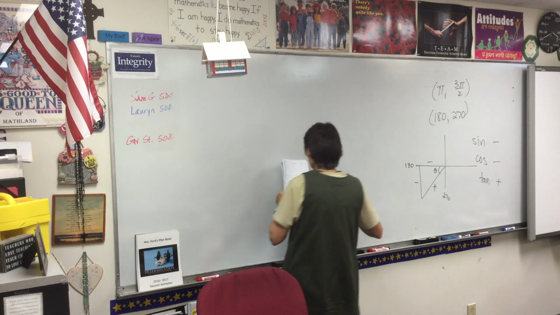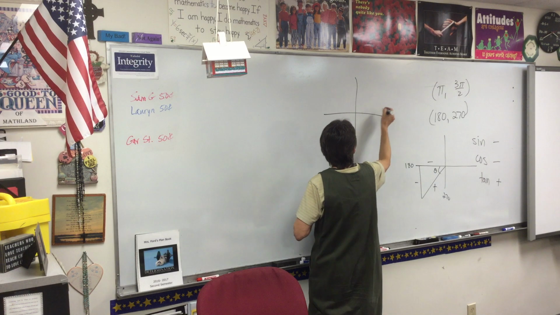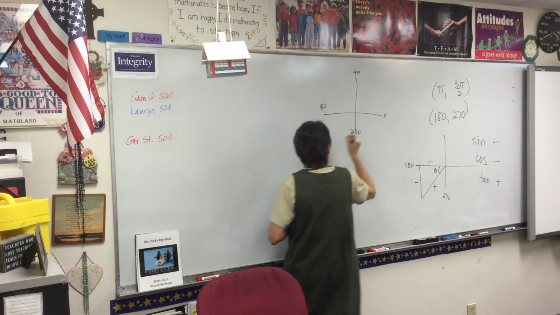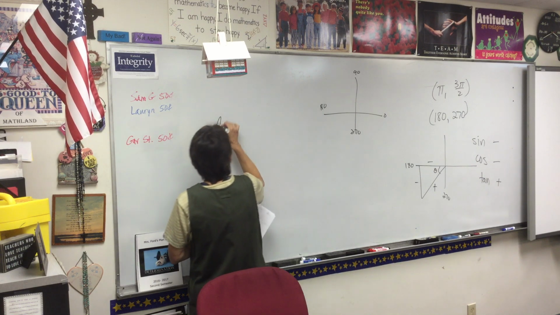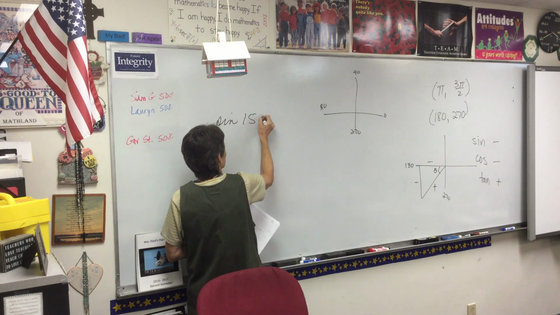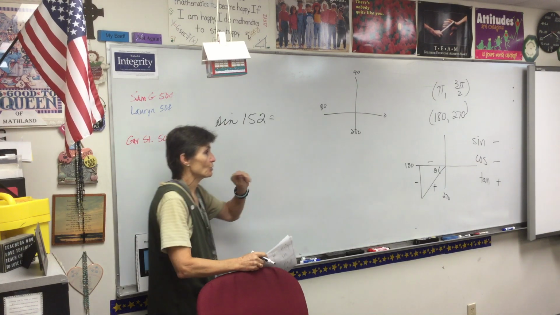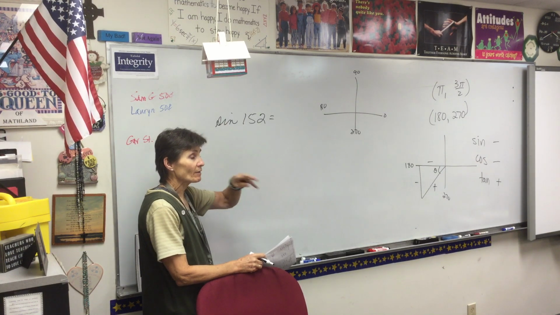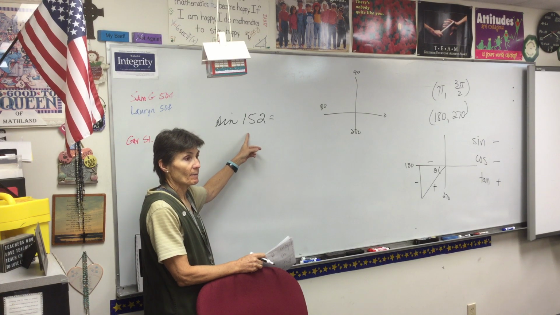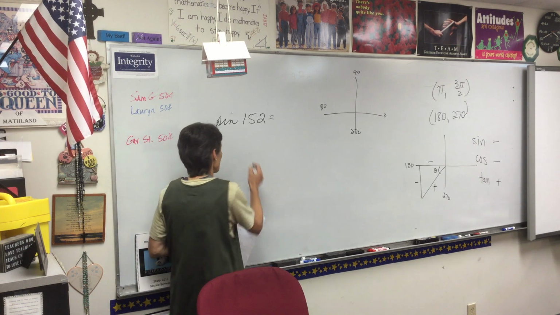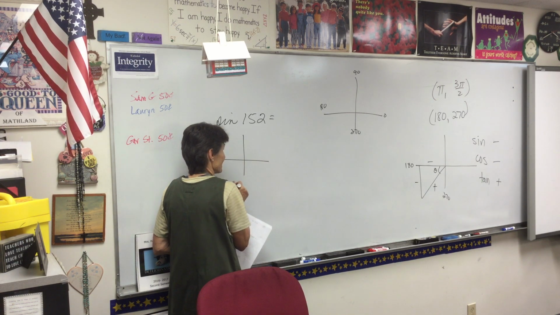So you need to figure out, I'm going to go ahead and leave my picture up here. This is 0, 90, 180, 270, okay. And we want to know about the sine of 152. Now, I know you could type that in on your calculator. That's not what I want you to do. I want you to look at that and, without a calculator, tell me if that's going to be a positive number or a negative number. Okay? So we've got to think about, where is it?